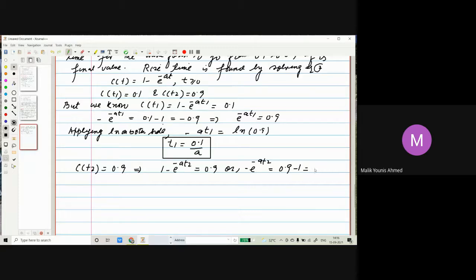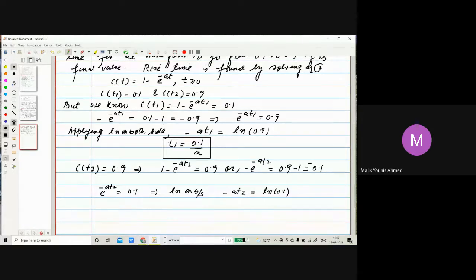So that will be minus 0.1. So e raised power minus a t2 will be 0.1. Again applying natural log on both sides, what we are going to get is minus a t2 equal to natural log of 0.1.